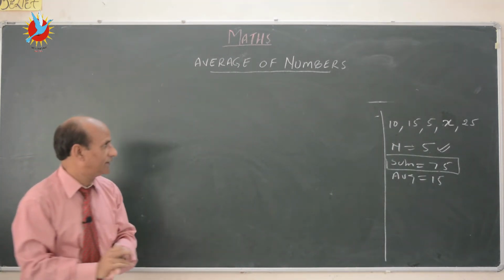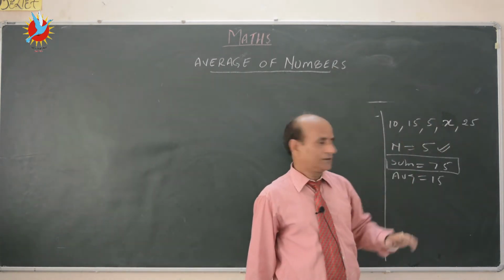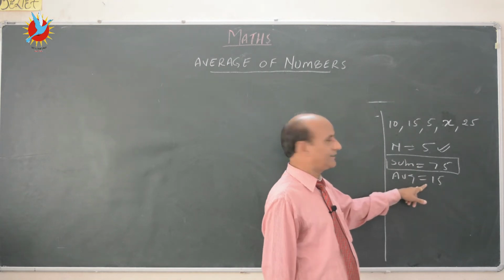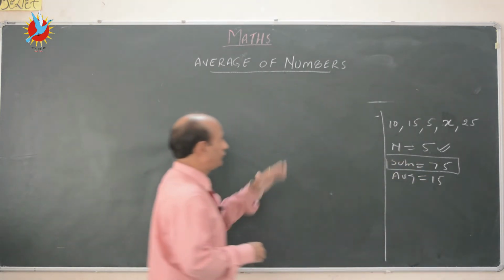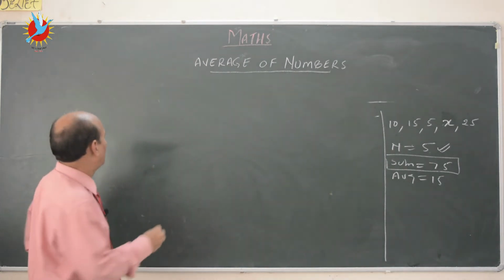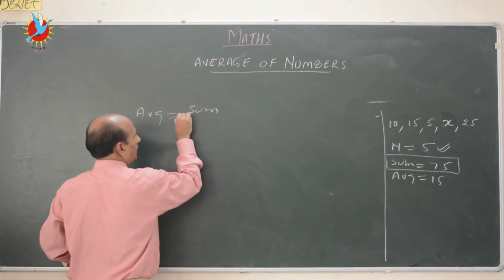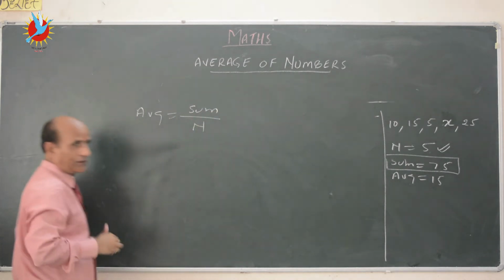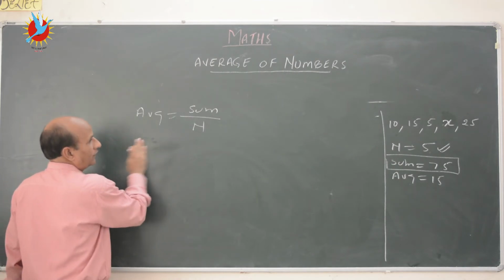Now the question is, find the value of x when the average is given and n is given. So how to find the value of x? Use the same formula, average is equal to sum divided by n. Here average is how much? 15.